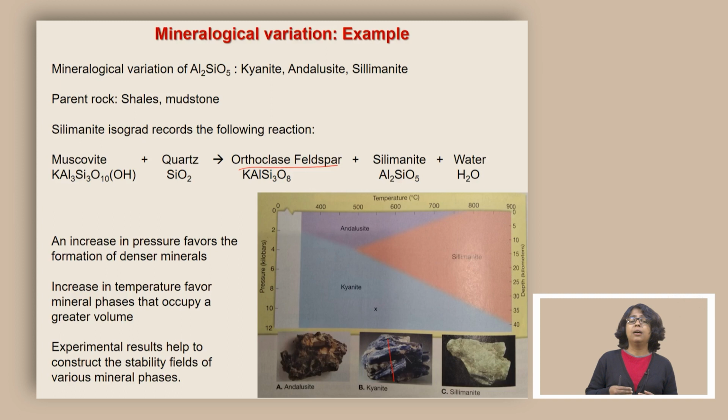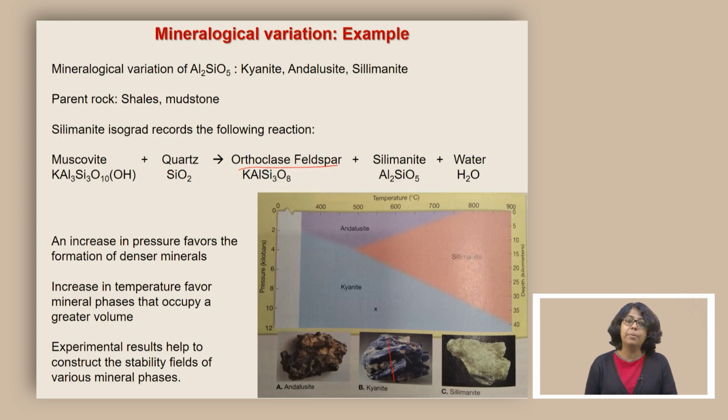For that, researchers carry out experiments. In a controlled setup, they increase the temperature and pressure of certain minerals and then look at when they are going to change, and that is how they define the stability field in terms of pressure and temperature.